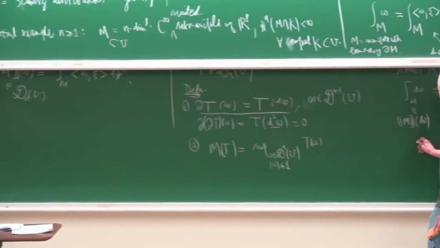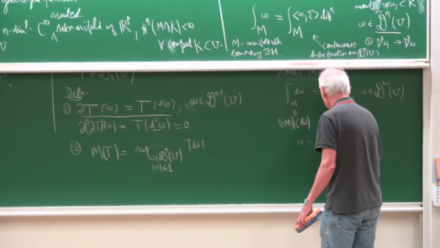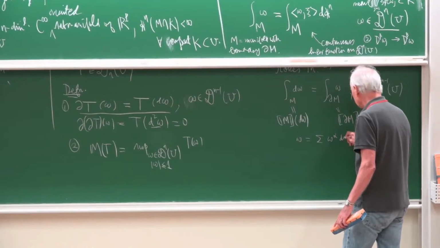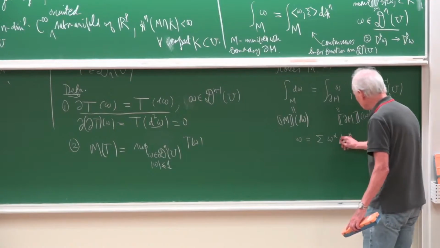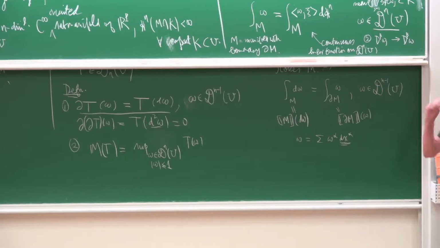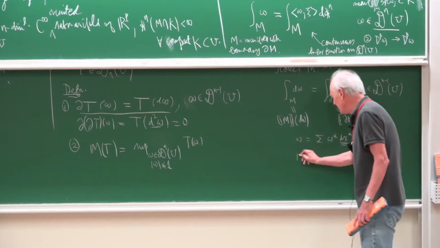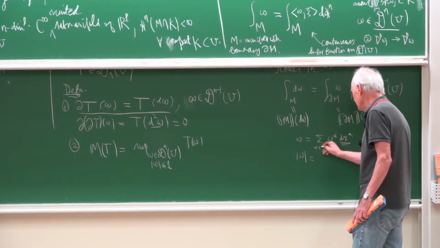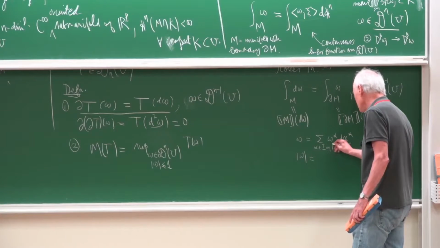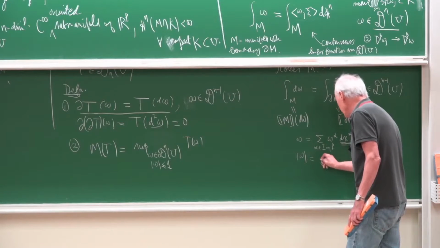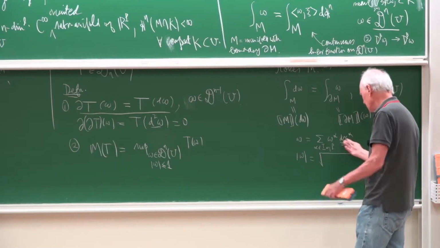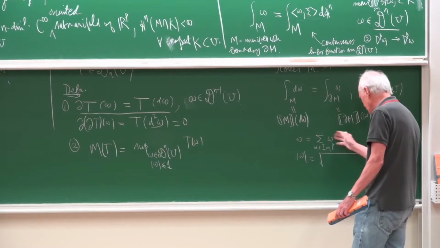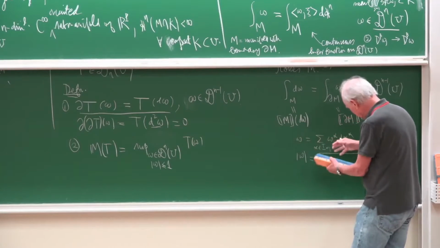Remember, omega is the sum of omega_alpha dx^alpha, and remember this was an orthonormal basis for the forms, so the length of omega is, by definition, just the usual Euclidean length, the inner product induced from the inner product in R^p.